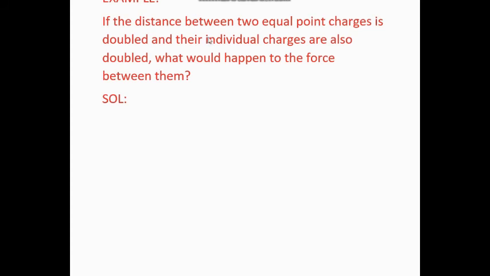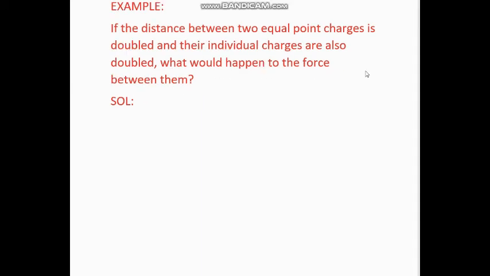Now let us solve the example. If the distance between two equal point charges is doubled and their individual charges are also doubled, what would happen to the force between them? Now let us see the solution. Force is equal to k q1 q2 divided by r square. This is the initial force.